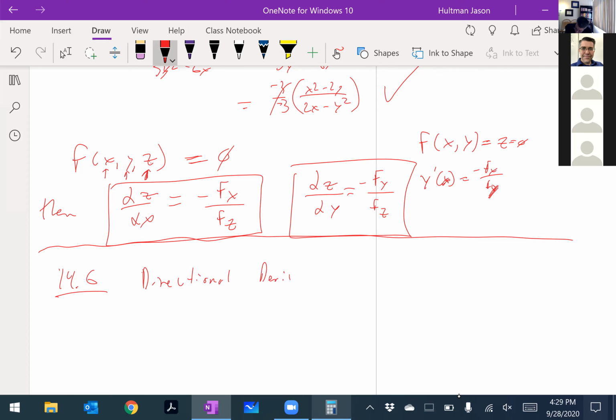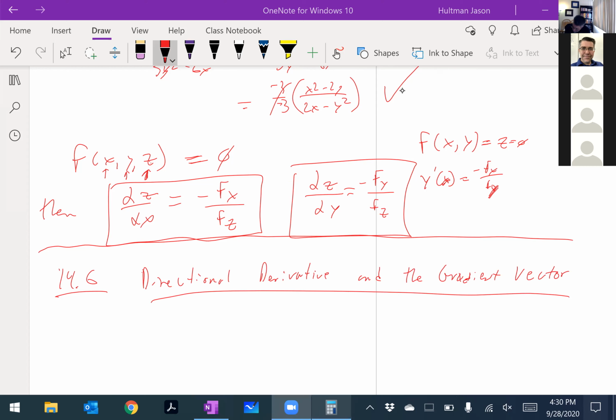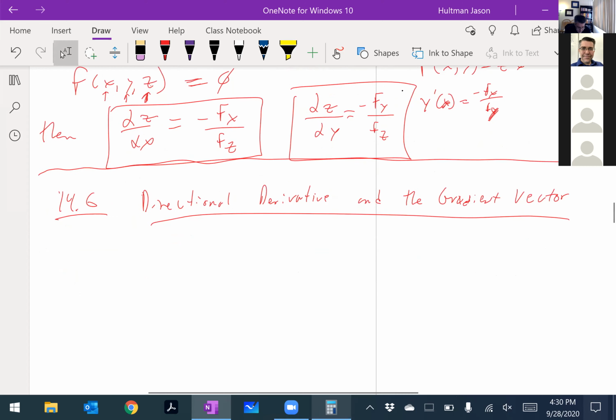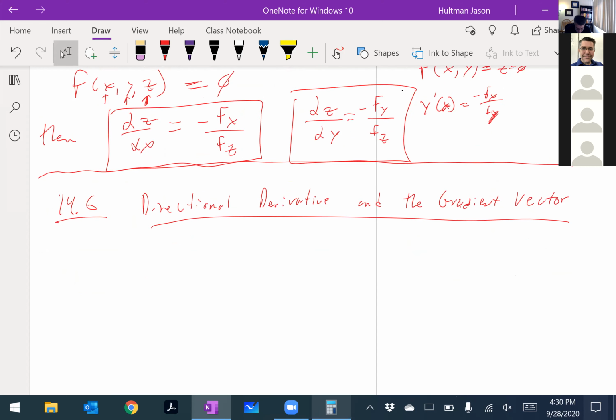Directional derivative and the gradient vector.